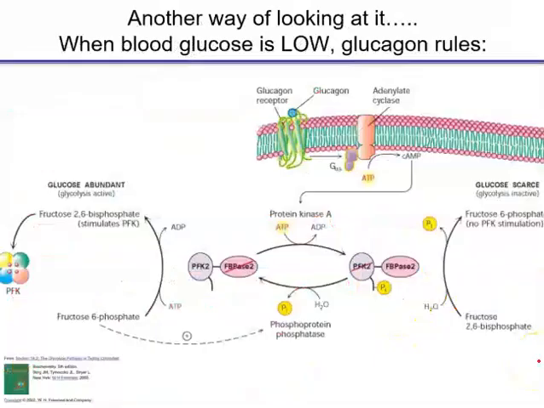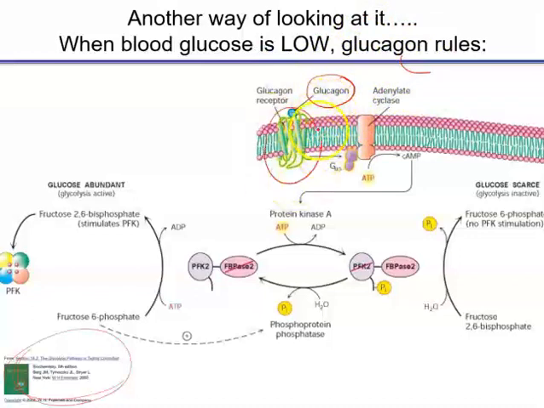Another way to look at this, and this is an image taken from a literature report, when blood glucose is low, glucagon rules, right? So help, my glucose is all gone. Glucagon is a peptide hormone, and so it is a water-soluble hormone.